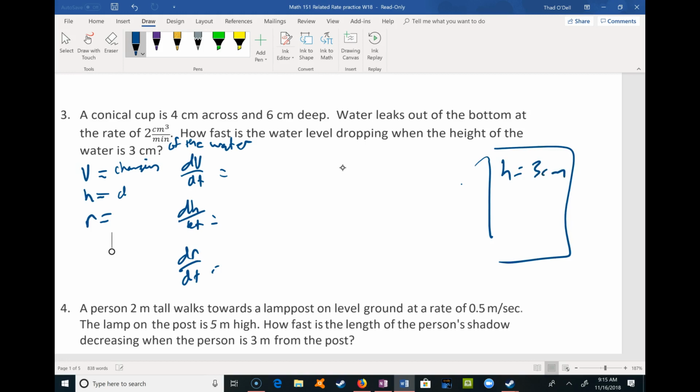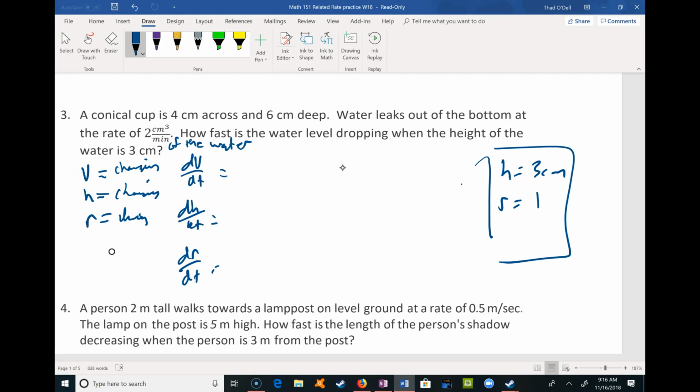Okay, good. But out here, we don't know it, because it's changing. Do we know the radius of the water? It's also changing. And do we know it in here? We could find the radius in there, couldn't we? When the height is 3, what is the radius? It's 1, because it's 1/3 of 3.